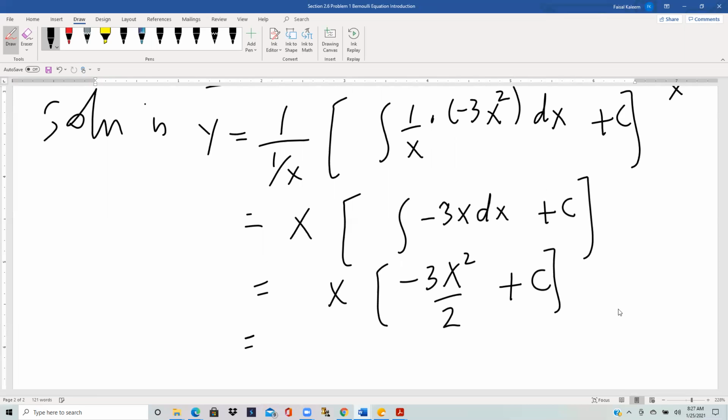So you can leave it like that, or you can write it as negative 3x cubed over 2 plus cx. We get a y. So this is a solution.